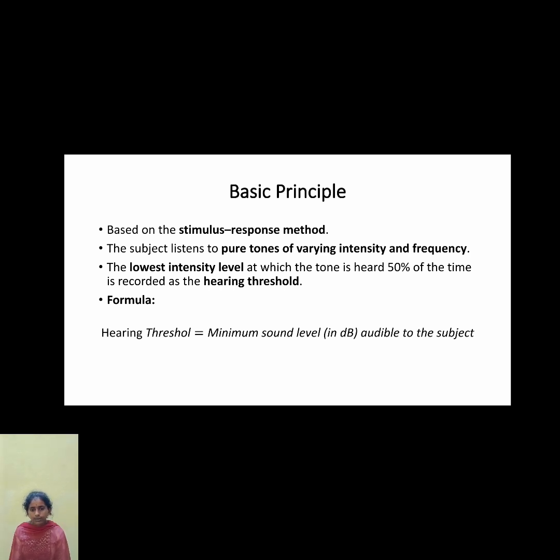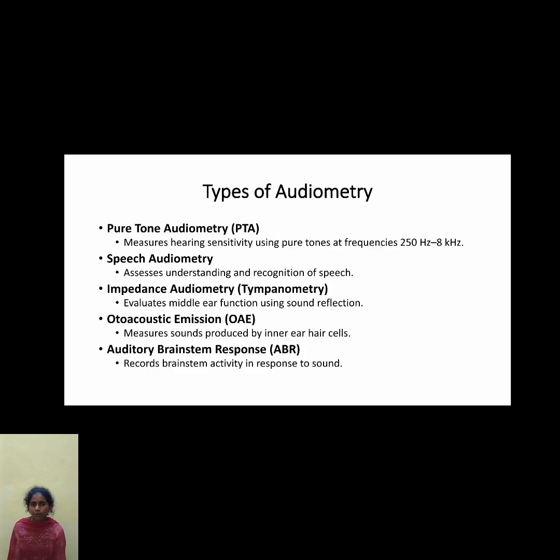Next is the types of audiometry. The major types include pure tone audiometry, speech audiometry, impedance audiometry, otoacoustic emissions and auditory brainstem responses. Pure tone audiometry measures hearing sensitivity for pure tones.